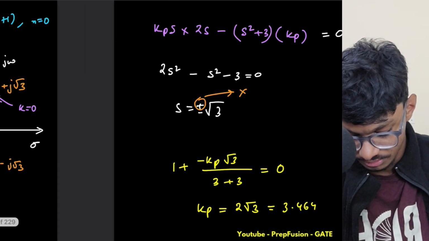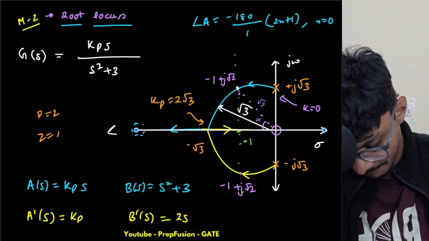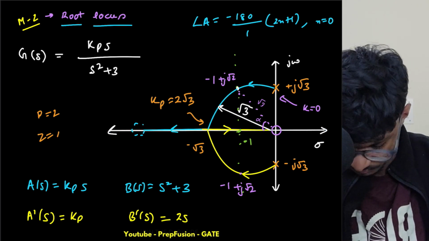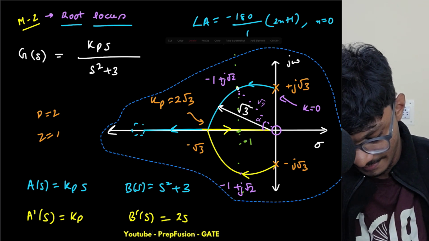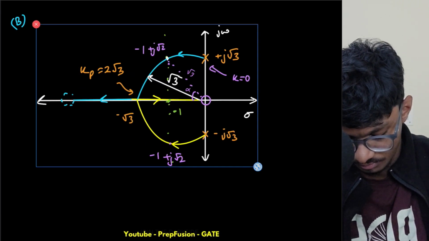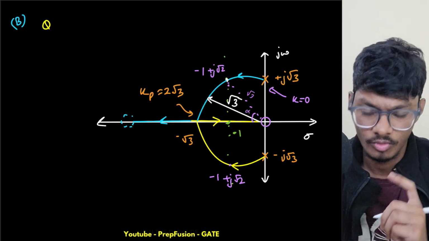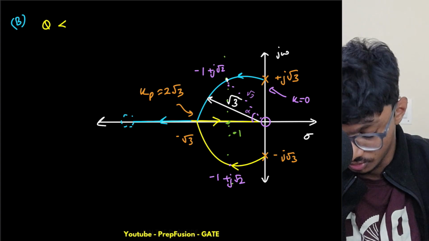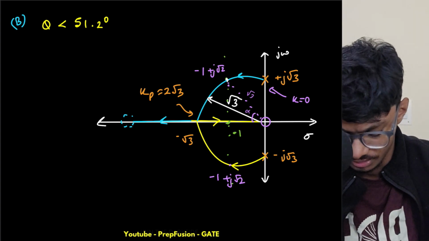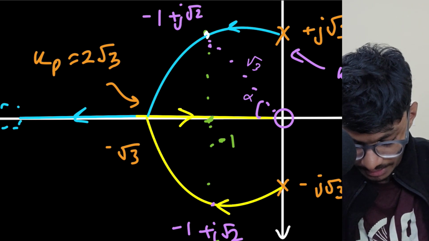I found previously that for the peak overshoot to be less than 8%, the angle has to be less than 51.2 degrees.